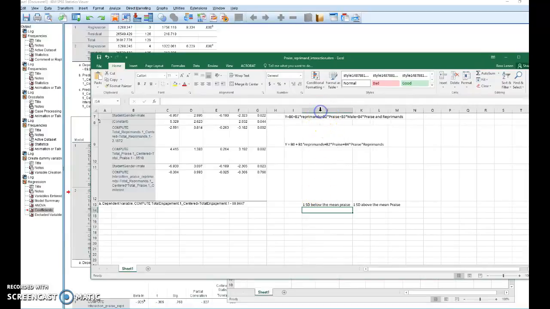We can always alter that if that's too wordy. 1 standard deviation below mean reprimands, 1 standard deviation above the mean reprimands. And I just have to figure out what those are from the data file.